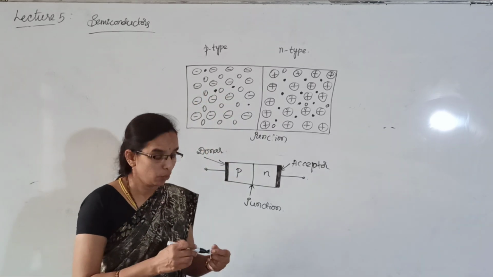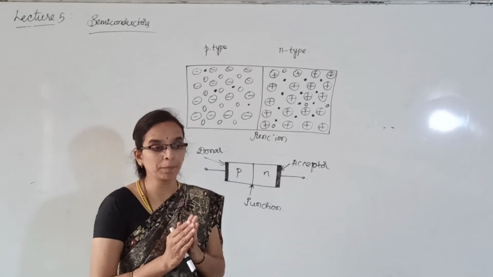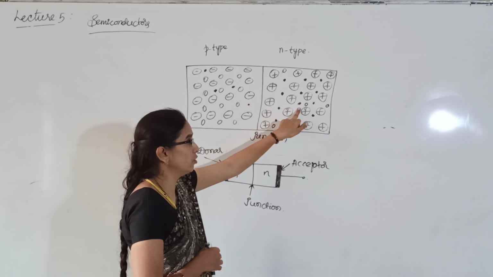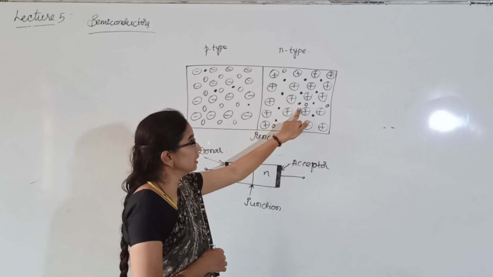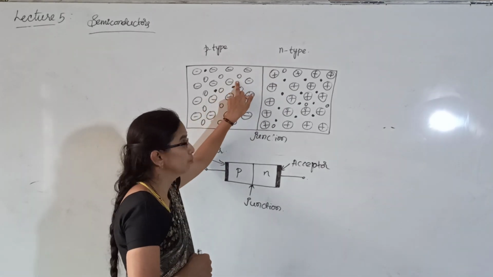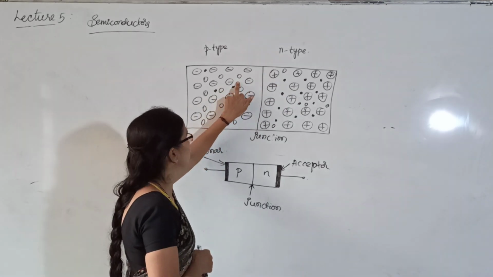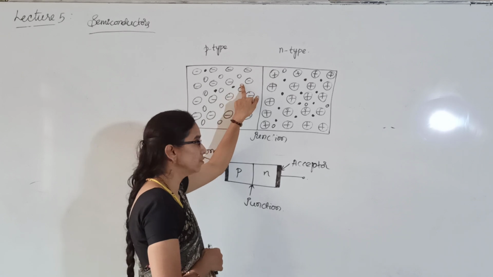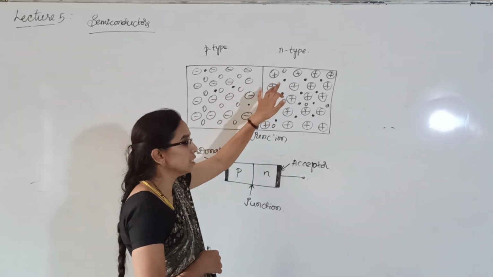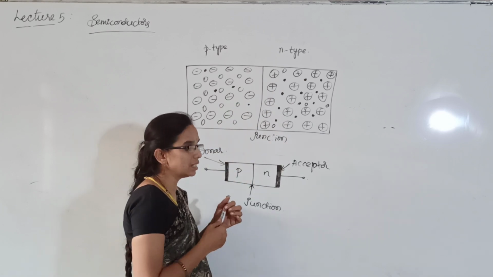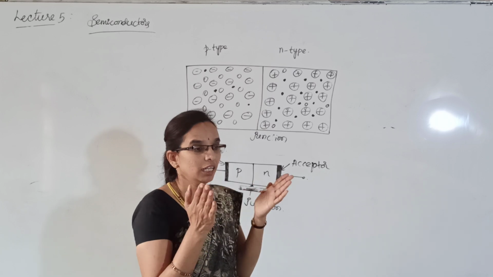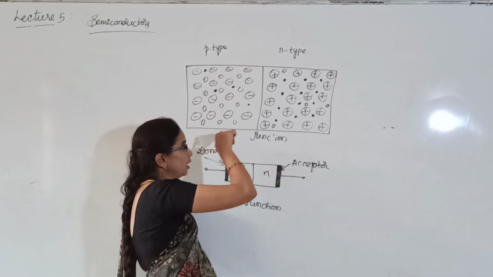What happens once the p-n junction is formed? There is a concentration gradient. The electrons are more in n-type material, whereas holes are more in p-type. Holes are positively charged, whereas electrons are negatively charged. So a concentration gradient occurs. Concentration gradient, in the sense, they are not evenly spaced. So what happens?